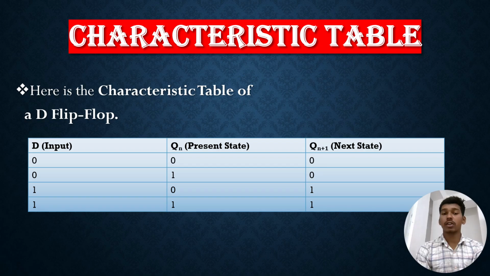The characteristic equation means we are getting the next state based upon the input and present state. With input and present state, we have four possible conditions. By taking these into account, you can get Qn+1.